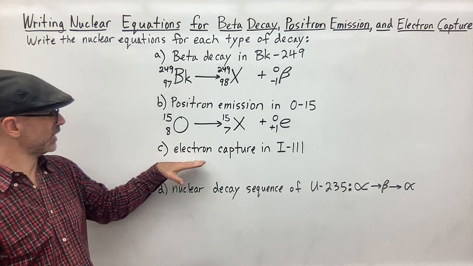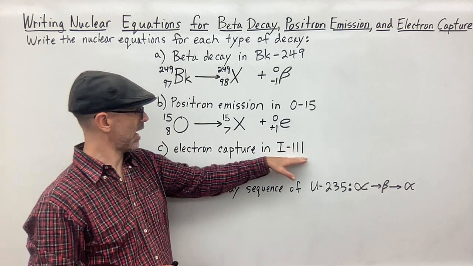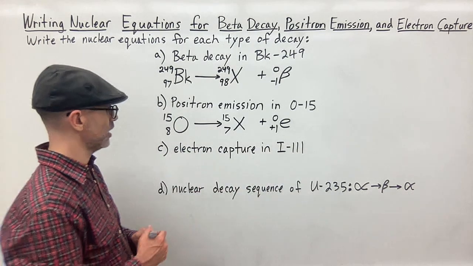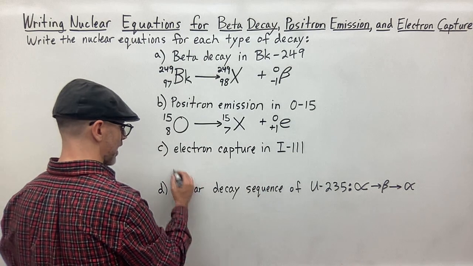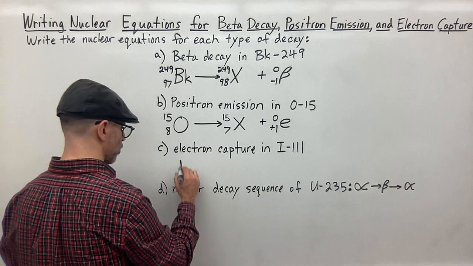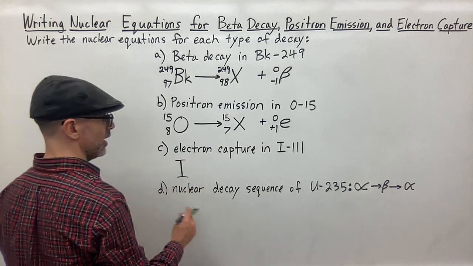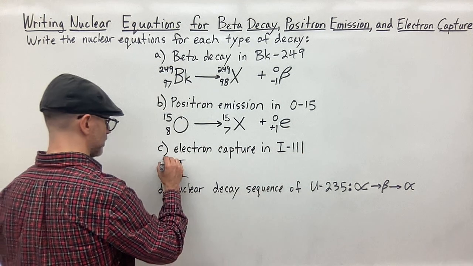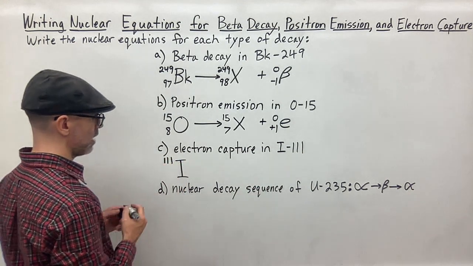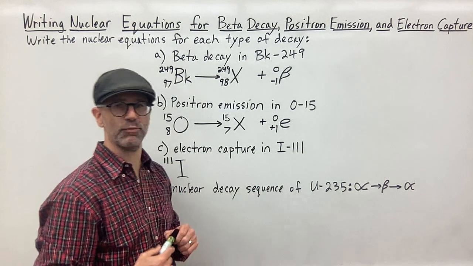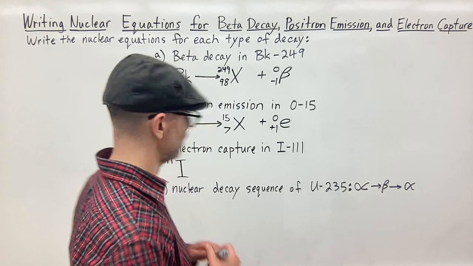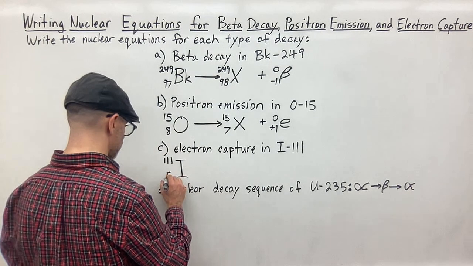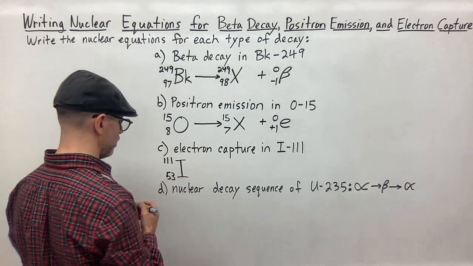Next, we have the electron capture in iodine 111. So first we want to write down iodine 111 as the isotope symbol for that. So we're going to have I, and then 111 is its mass number, so that goes on top. And if we look on the periodic table for the atomic number of iodine, that is 53. So we're going to put 53 down there.